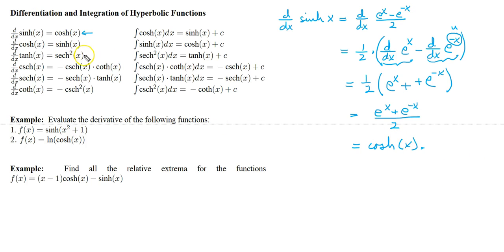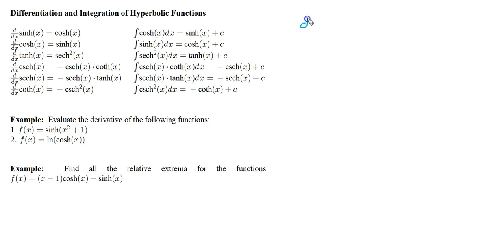Now all of the other ones can be proven similarly. Once you prove one or two of these, you can use those rules to prove the derivatives of the other ones. For example, the derivative of tangent we could prove like this. Now remember, tanh is sinh over cosh. Now we just use the quotient rule here.